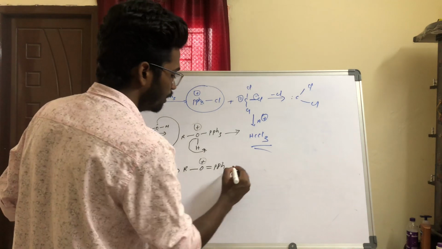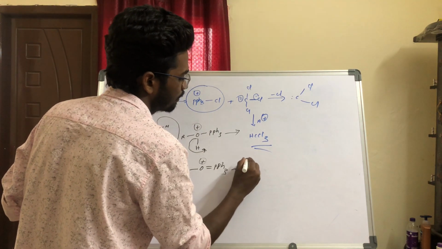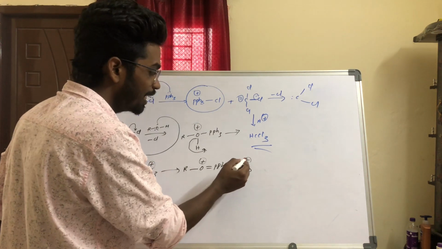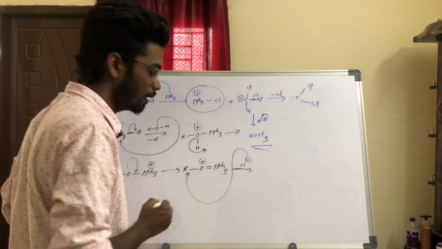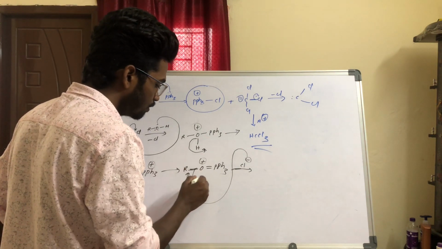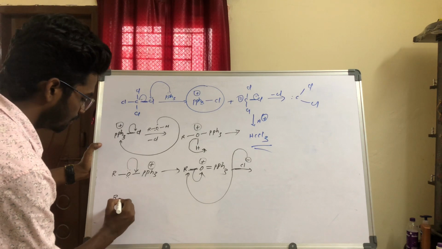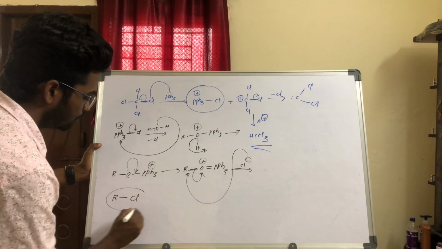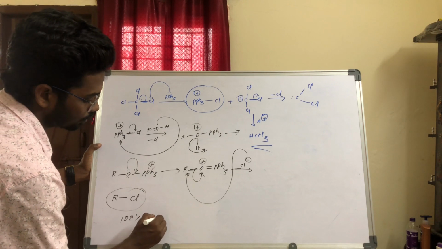Again we have a nucleophile, chloride. This chloride attacks by the inversion SN2 pathway, and this bond leaves. Finally you will get the product RCl. This is the 100% inversion product.